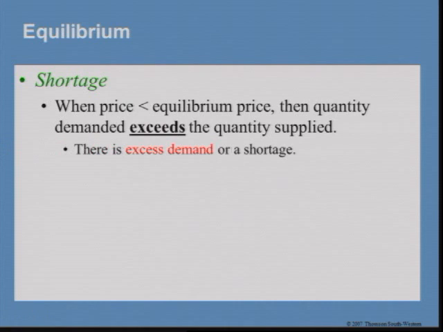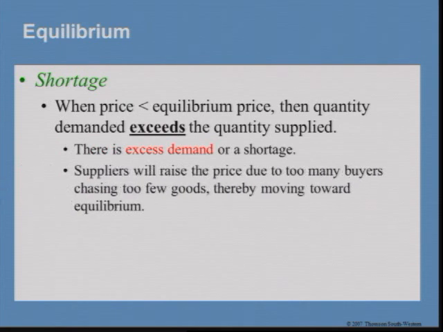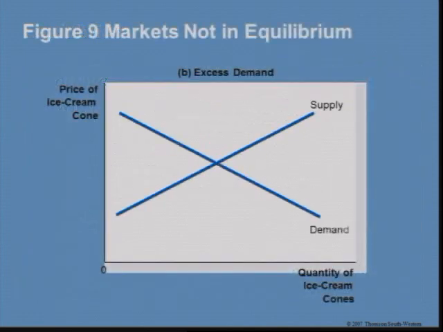Okay, shortage is just the opposite, when the price is too low. When it is less than the equilibrium price, we've got excess demand. I don't know if you all remember this, but a couple of years ago, HP was selling a touchpad tablet.